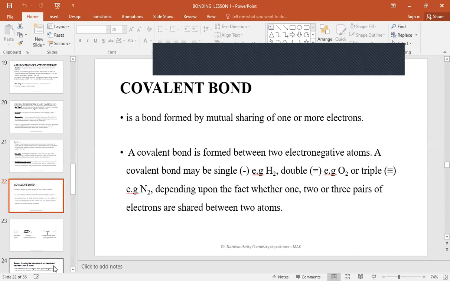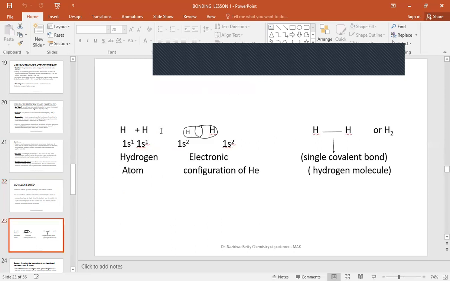A covalent bond may be single or double, as in the case of oxygen, or triple, as in the case of the nitrogen molecule, depending upon whether one, two, or three pairs of electrons are shared between the two atoms. An example is hydrogen.